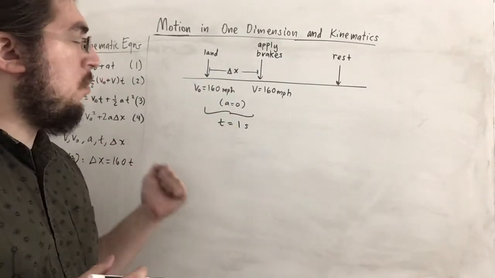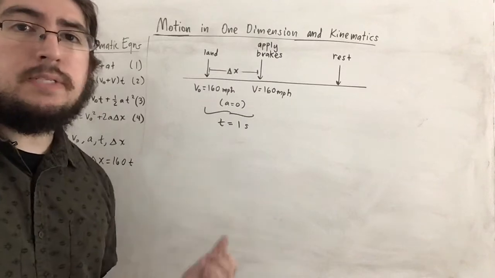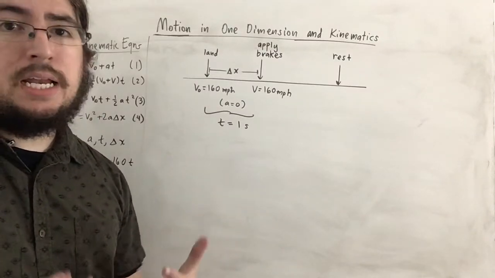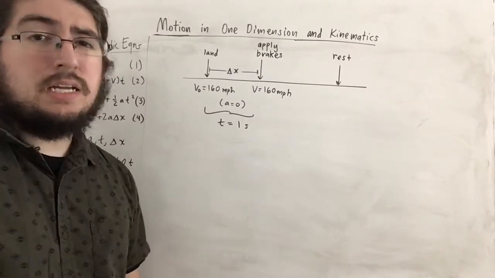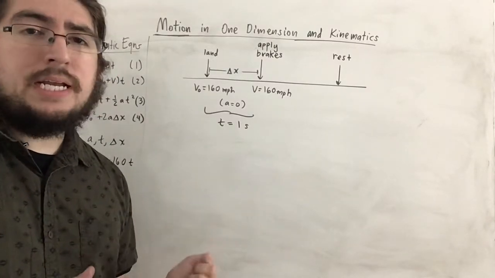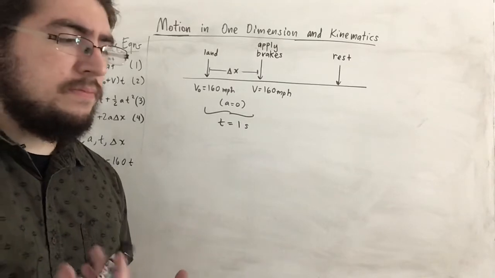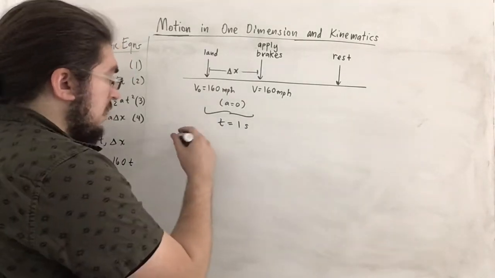I've decided to work with feet per second. We could use meters per second and stick with the standard international units, which I think is actually a good habit, but the reason I want to use feet per second is because it's a smoother conversion. We actually did this before.